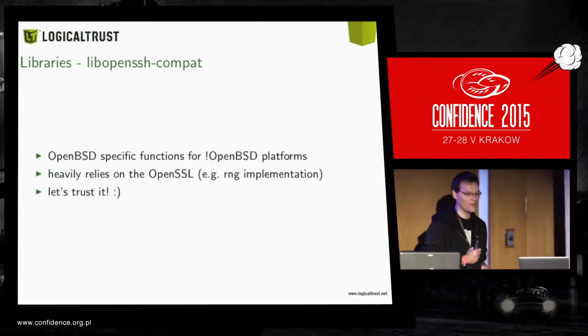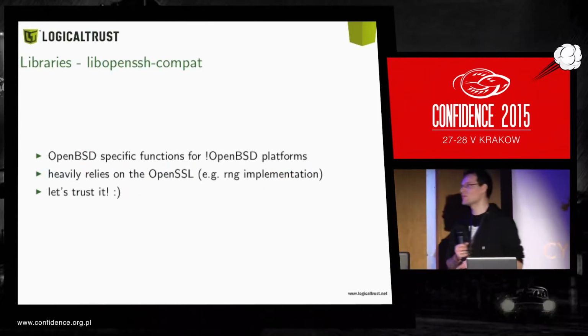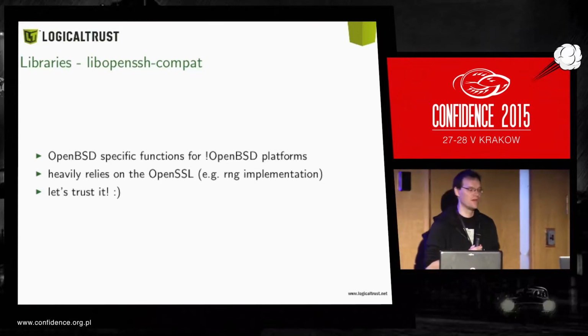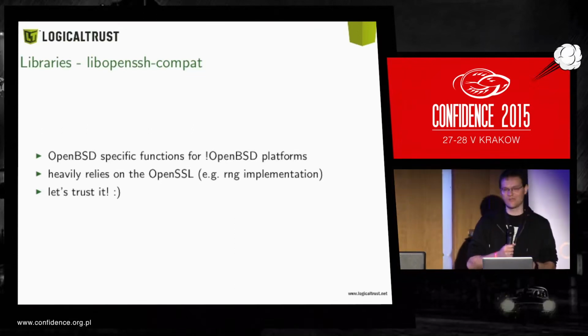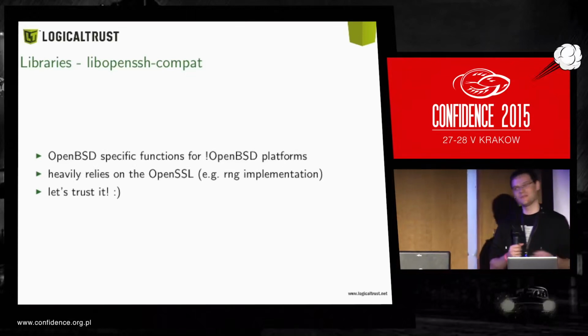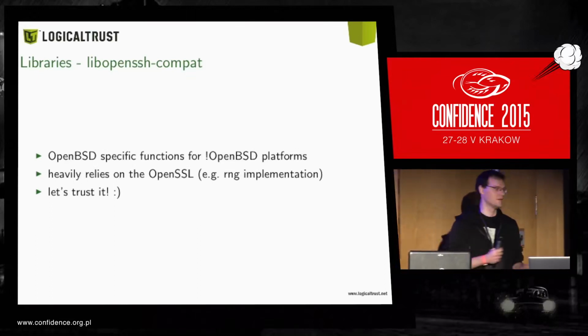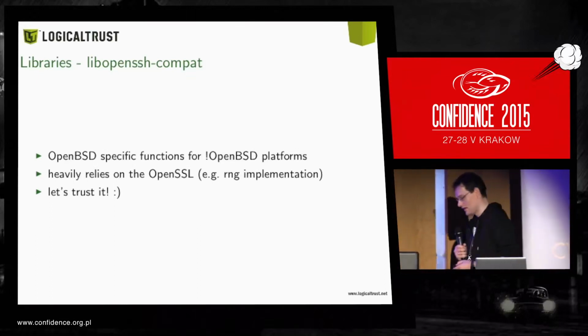So if you run OpenSSH on a non-OpenBSD platform, you will need the libopenbsd-compat layer, which implements the functions which are not part of the libc that your system uses, because OpenBSD developers added several functions that help them write code in a secure way.